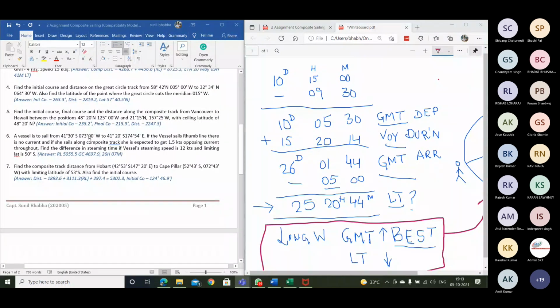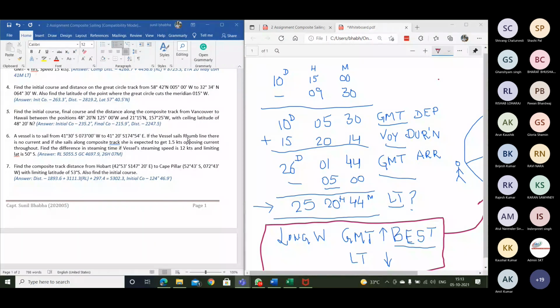Okay, the vessel is to sail from this position to this. If the vessel sails rhumb line, there is no current. It is written there: rhumb line, there is no current. And if she sails along a composite track, she gets a 1.5 knots opposing current. So the current is only on the composite track, not on the rhumb line track.